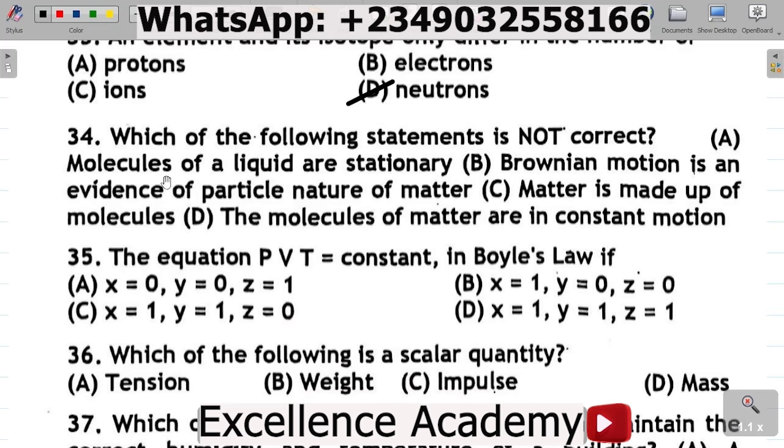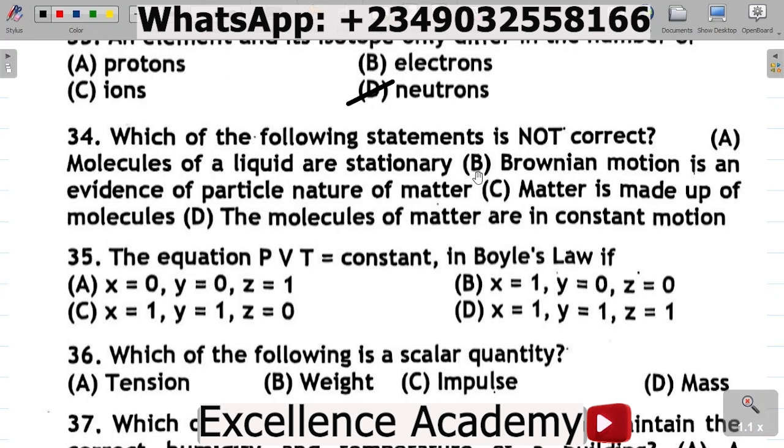Question 34. Which of the following statements is not correct? A. Molecules of a liquid are stationary. B. Brownian motion is an evidence of the particle nature of matter. C. Matter is made up of molecules. D. The molecules of matter are in constant motion. Now we know that D is correct, right? Molecules of matter are in constant motion. C is also correct because matter is made up of molecules.